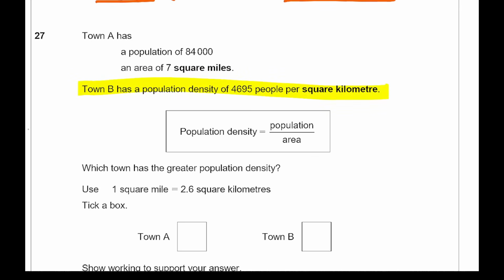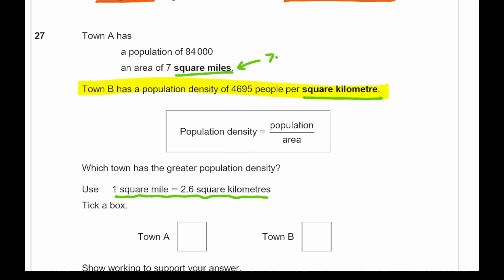Now the important part of this question is looking at the units. For Town A we're given the area in square miles, but for Town B we're given the area in square kilometres. So the first thing I need to do is convert the square miles using this unit conversion to get it into square kilometres.